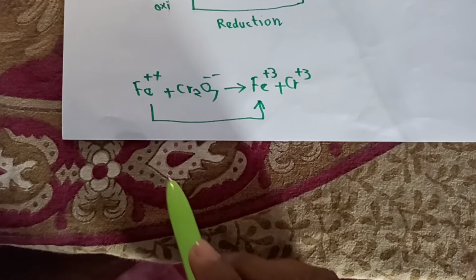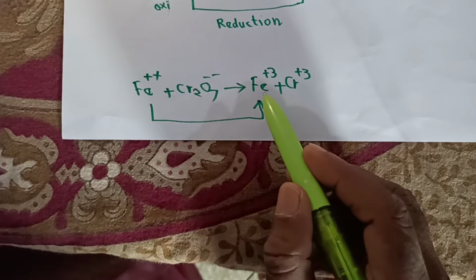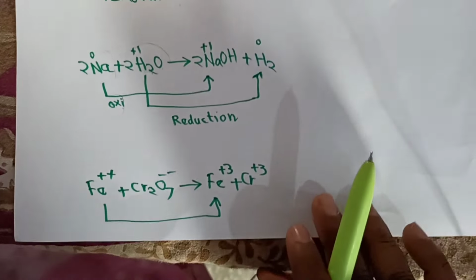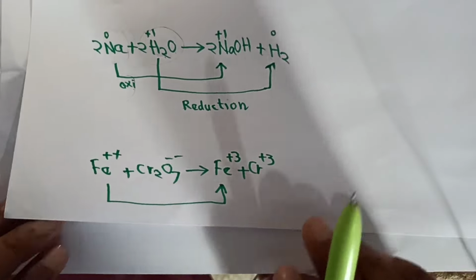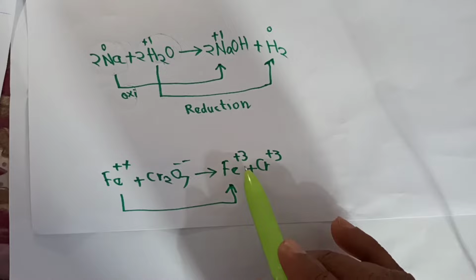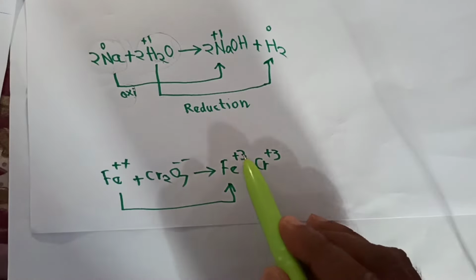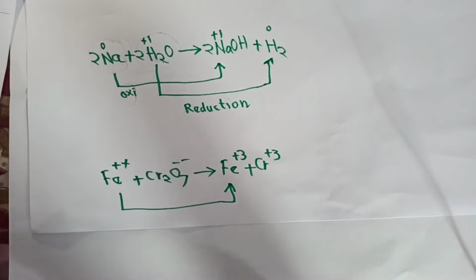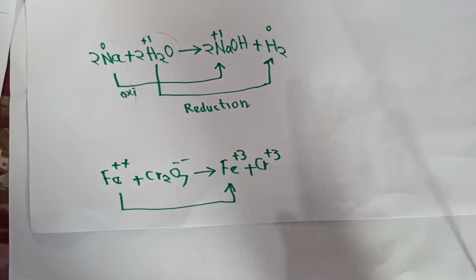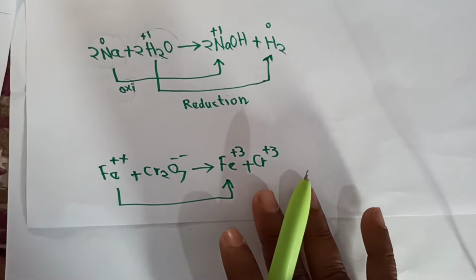In another example, you see Fe double plus and Cr2O7 giving Fe triple plus and Cr triple plus. Here Fe has double plus, and the charge becomes plus 3. It means plus charge increased, negative gone, electron gone.